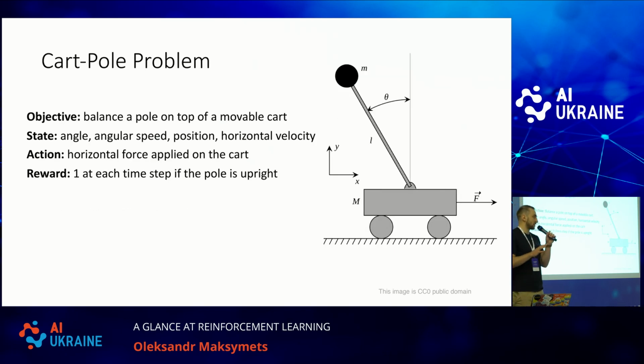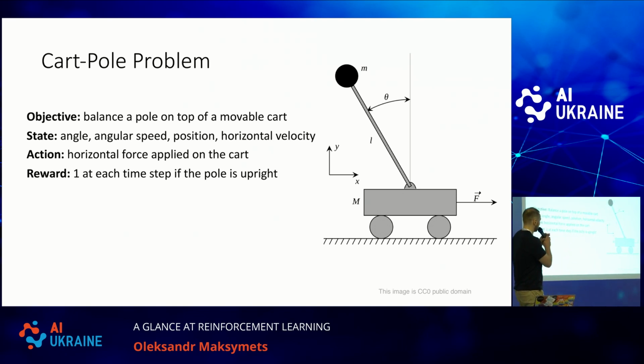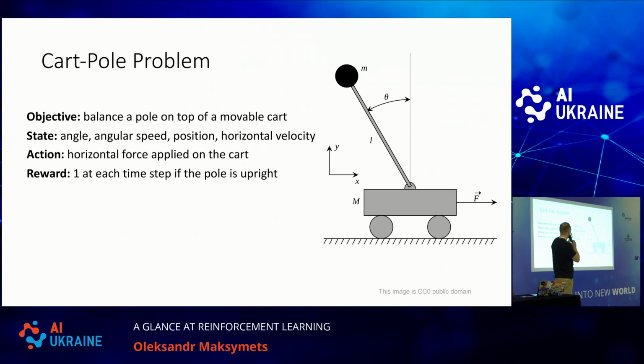Let's take a look at some examples of reinforcement learning problems. The most primitive one is cart pole. The objective in this problem is to hold the pole on top of the cart and not let it fall down.